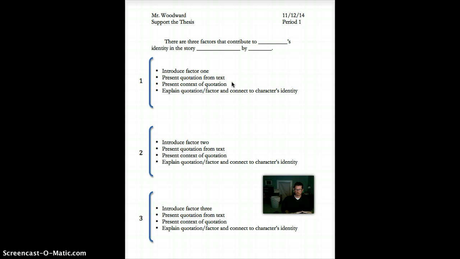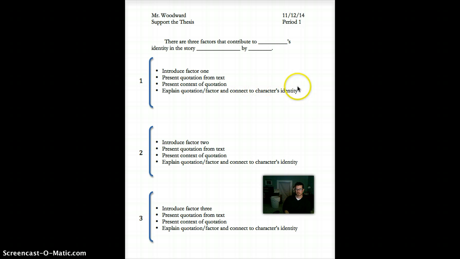So that context is about helping the reader understand what's going on around that quote so they have a sense of the story in some way. It's probably going to take you 2 to 3 sentences just to set up the context and help the reader understand what's going on around that quote.